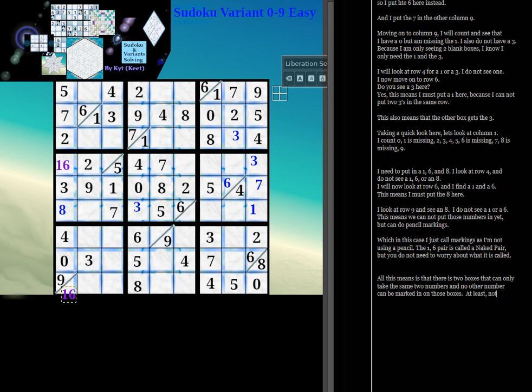At least not legally, according to Sudoku rules. Would I want to mark a 9? No, because there already is a 9 in that box.